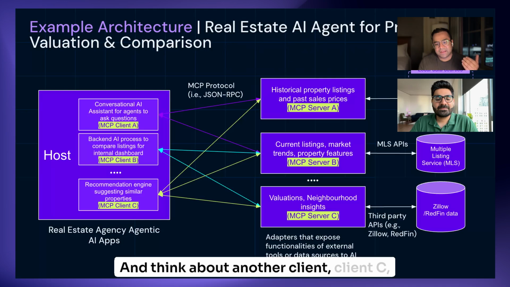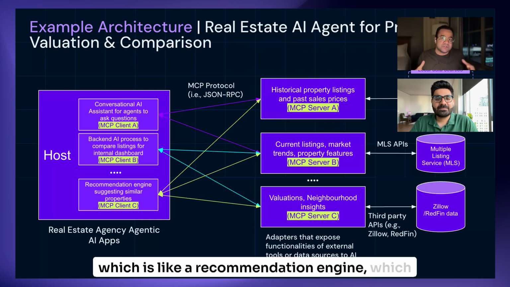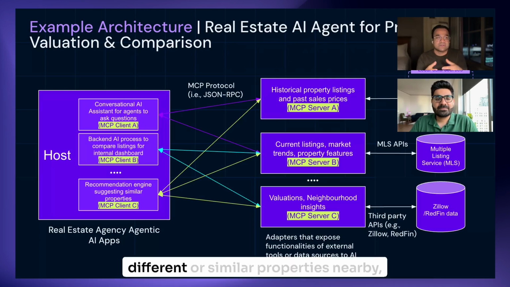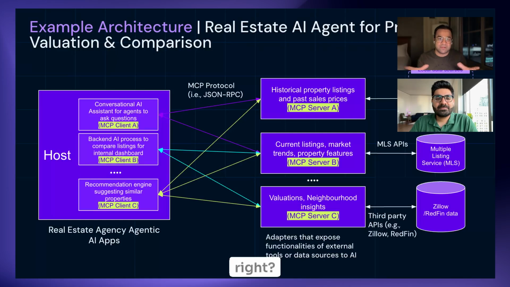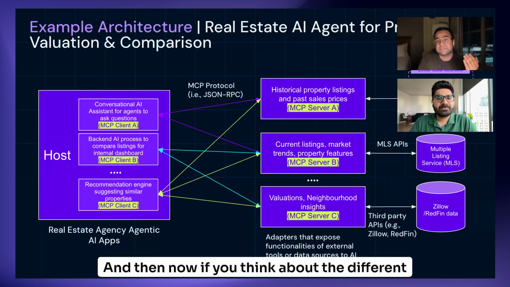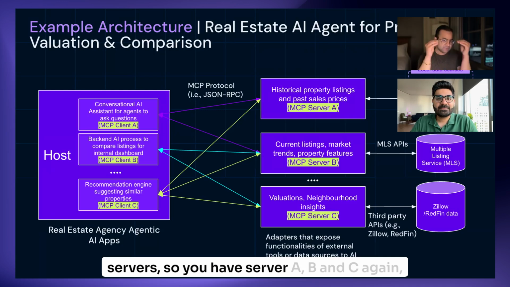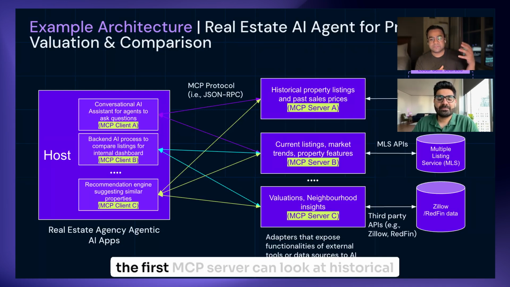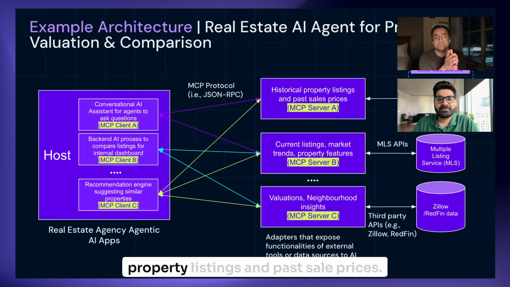And think about another client, client C, which is a recommendation engine, which suggests different or similar properties nearby, right? So these are the different clients. And now, if you think about the different servers, you have server A, B, and C again. The first MCP server can look at historical property listings and past sale prices.